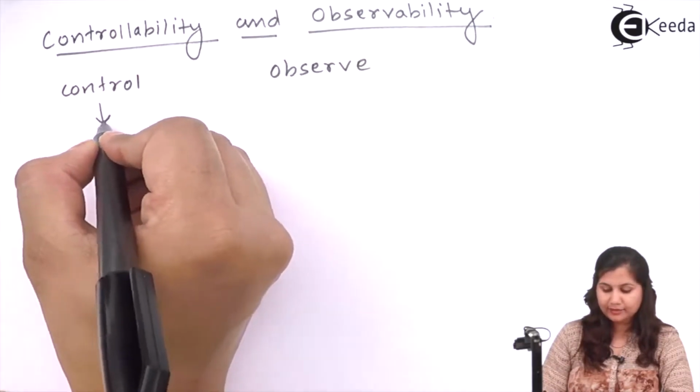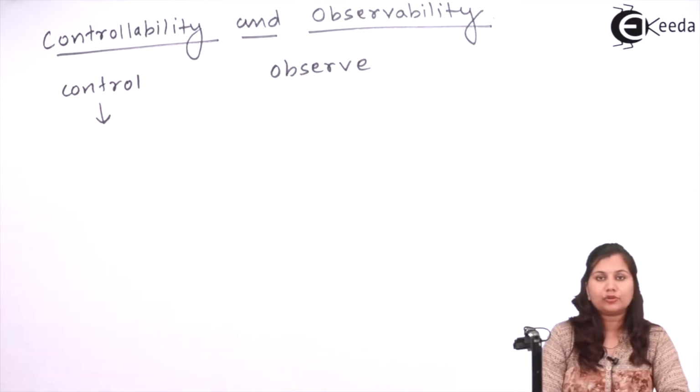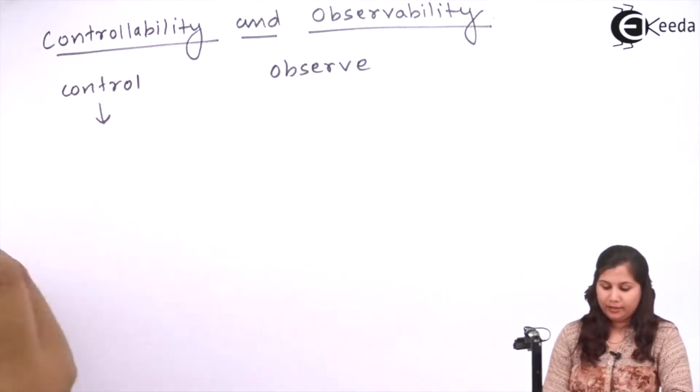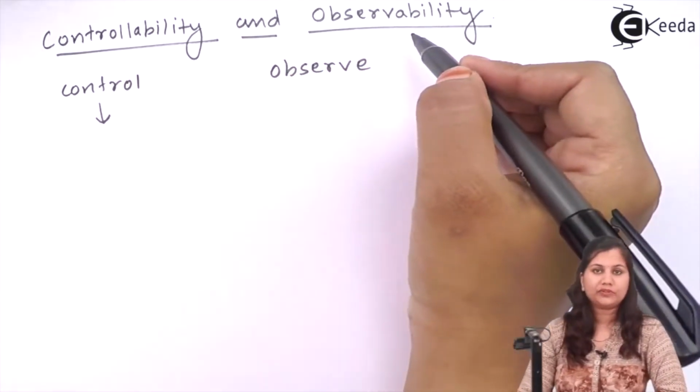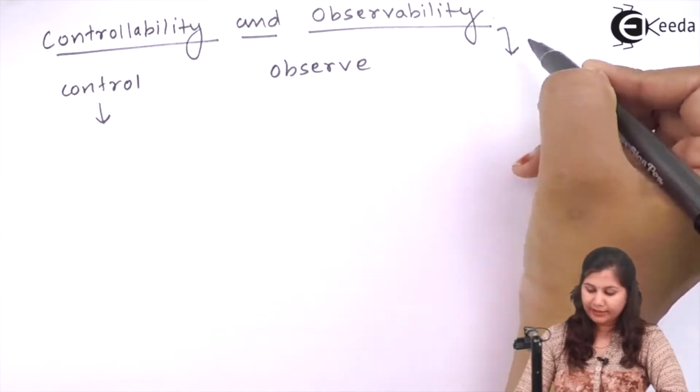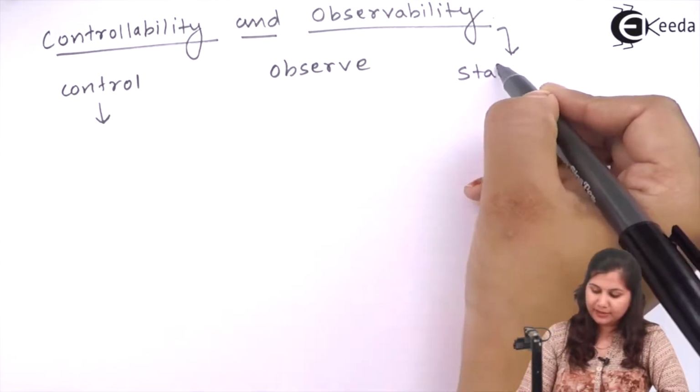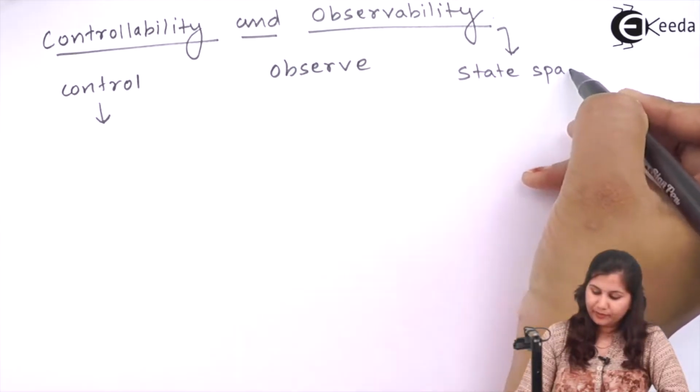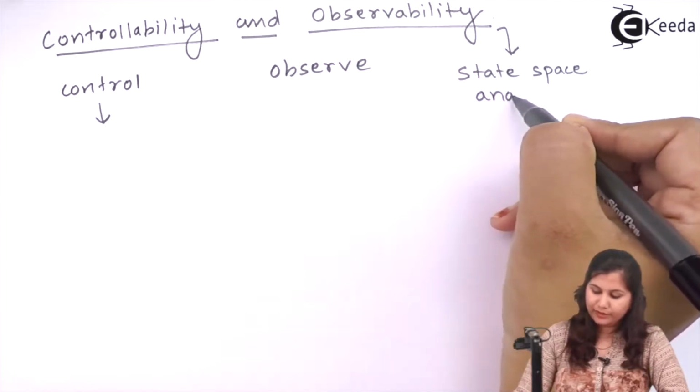Control means that the engineer can have control over the states of the system. This controllability and observability is related to the state space analysis of a system.